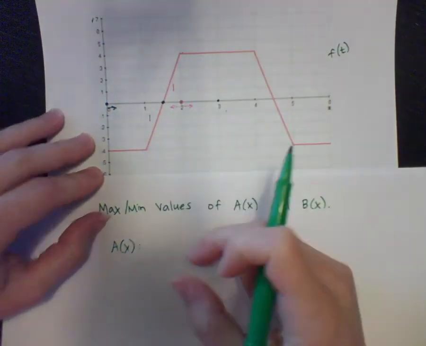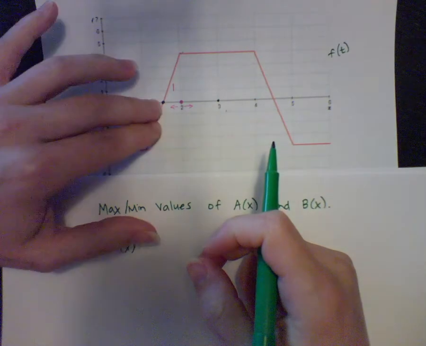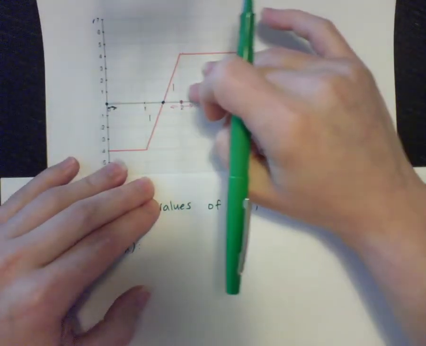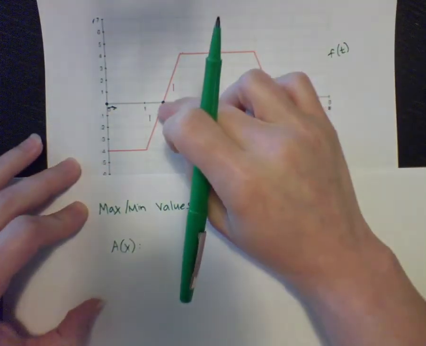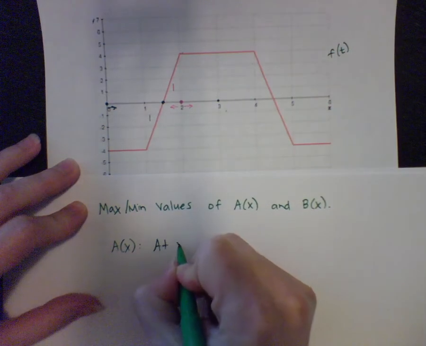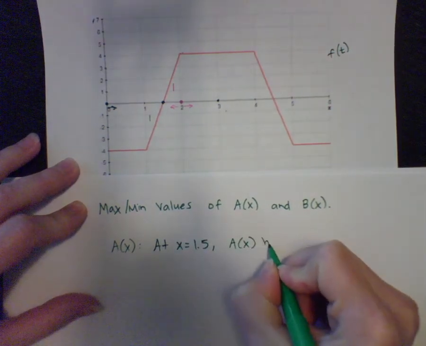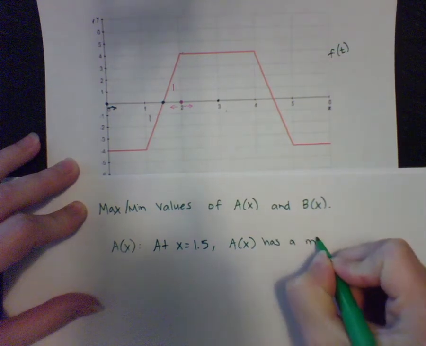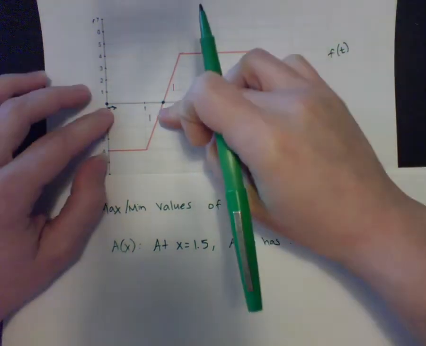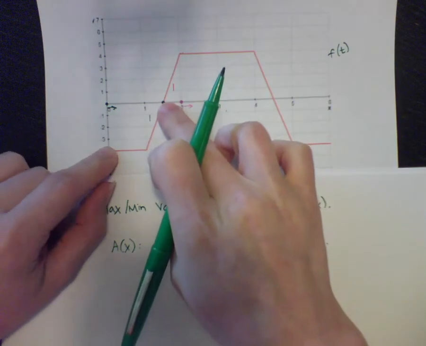That means I'm going to go from decreasing area to increasing area. So that means at 1.5, a of x would have a minimum. And it has a minimum because that's where the smallest value occurs.